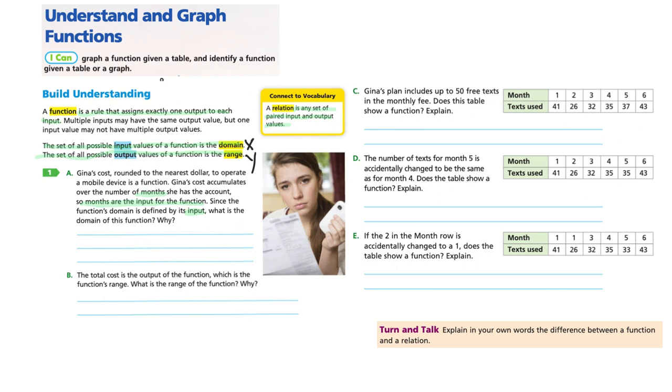Could it be 1/2? Could it be negative numbers? So you're thinking about that in terms of overall, what types of numbers would you have? Well, you know it's months, so it would have to be whole numbers. 0, 1, 2, 3. So positive numbers, no negative numbers. So the domain would be whole numbers.